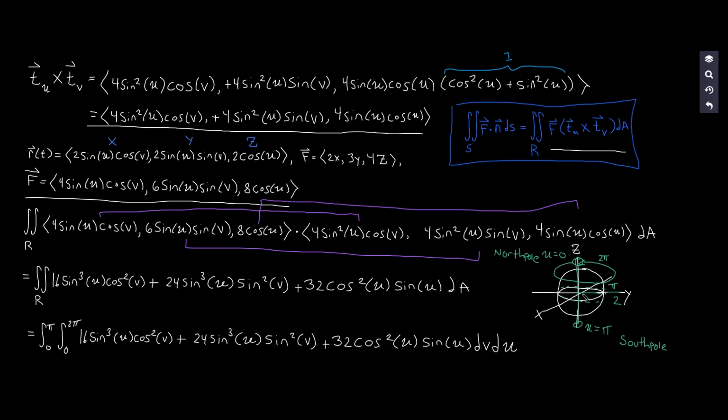Because the angle v, the azimuthal angle, 0 to 2 pi, that's responsible for handling the full rotation around the z-axis that spins in the horizontal xy plane, right? It's like spinning a globe on the stand. If you have a globe on the stand and you spin it, that's the azimuthal angle.